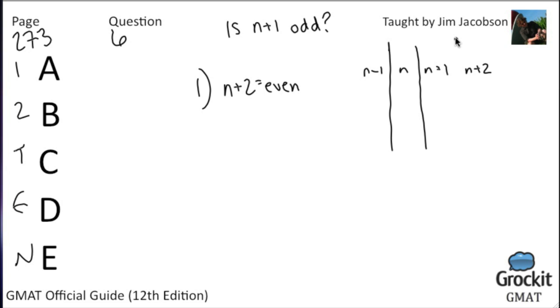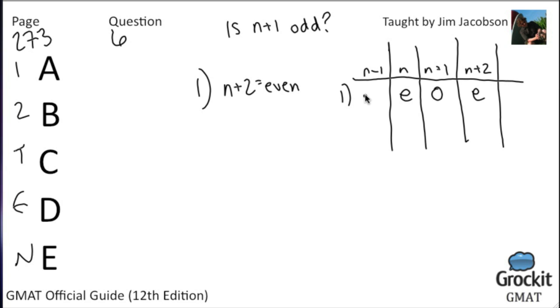It's not a proper chart without lines. So statement 1 here tells us that n plus 2 is even, which makes n plus 1 odd. It makes n even and n minus 1 odd.